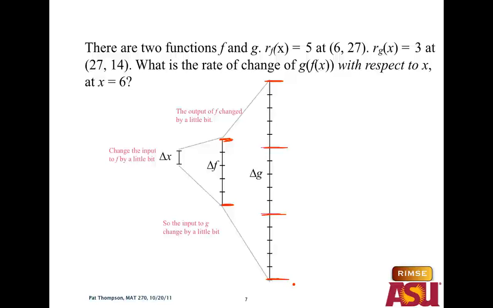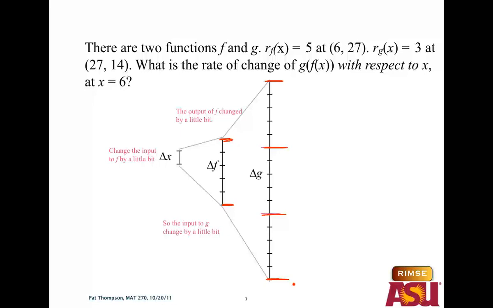So when x changes a little bit, how much does g of f of x change for a little change in x? 15. 15 times as much. Does Zoe agree with that? Yeah, so you see it.